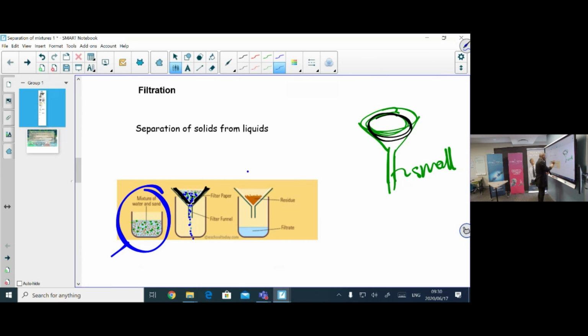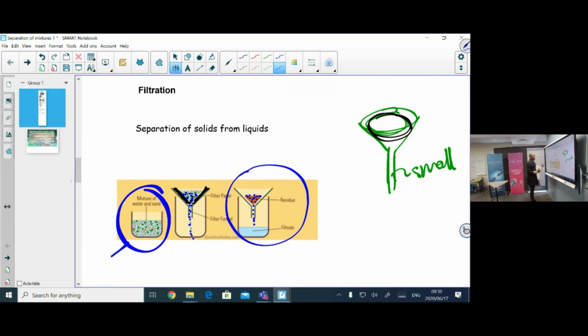And this is how the end product will look, where you have your liquid that has managed to pass through in small bits, and the solids being able to accumulate like that.